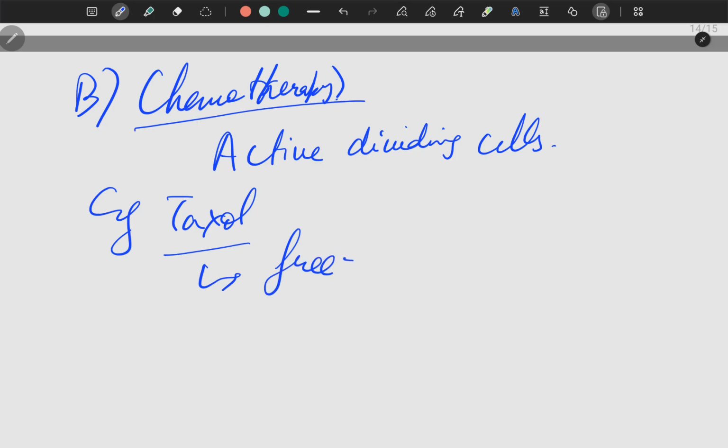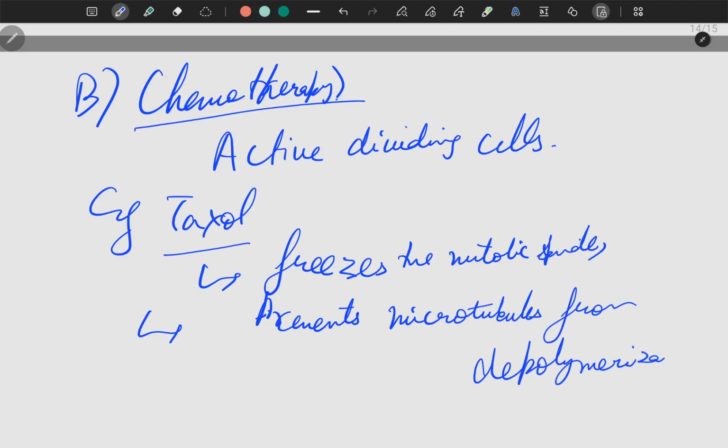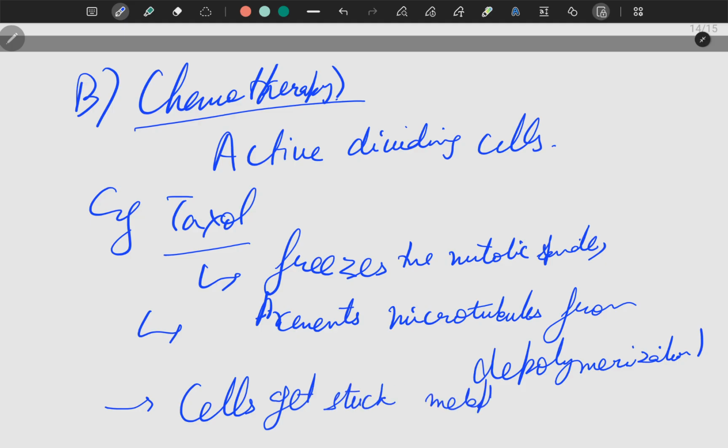It freezes the mitotic spindle by preventing microtubules from depolymerization, and then the cells get stuck in metaphase, which leads to death, of course.